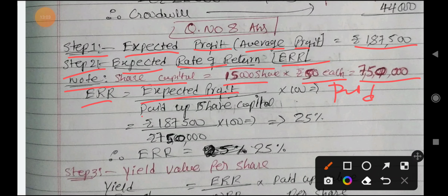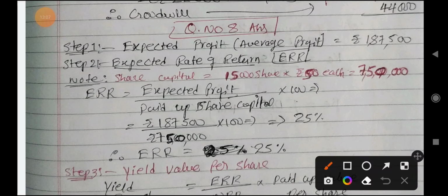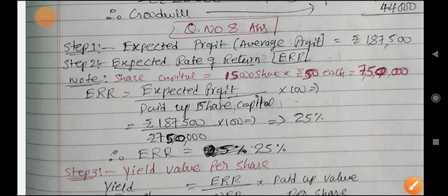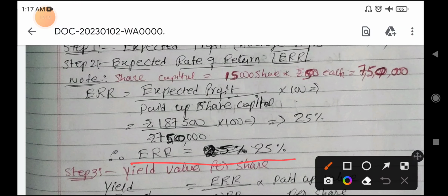ERR, expected profit divided by paid up share capital into 100 is the formula. So rupees 1,87,500 divided by 7,50,000 into 100, 25% we are getting. Therefore ERR, expected rate of return, is 25.